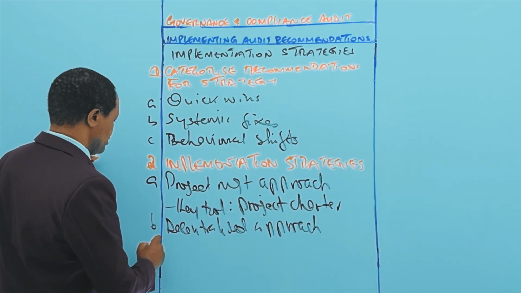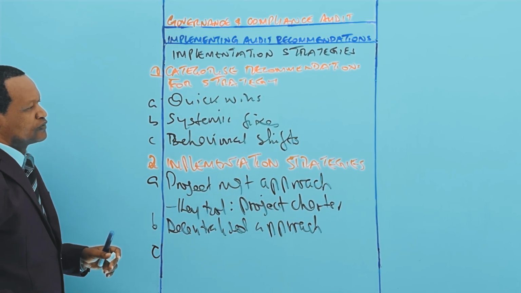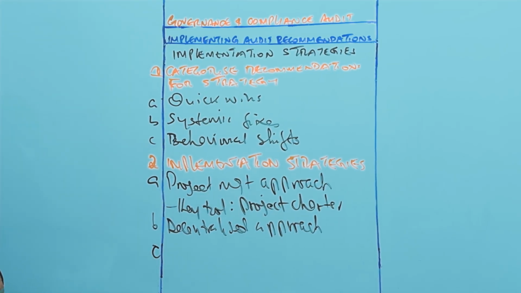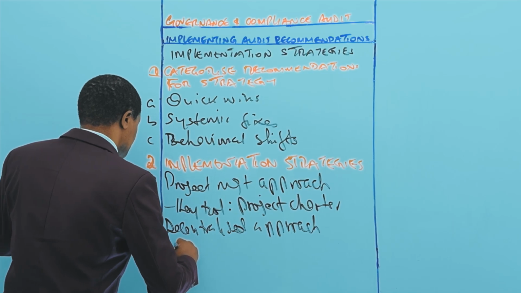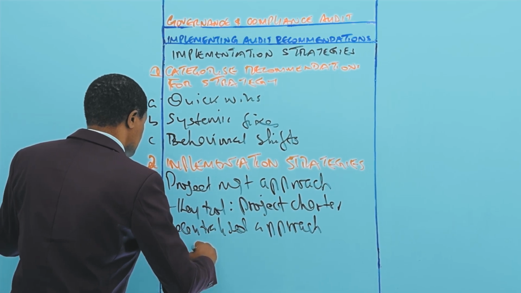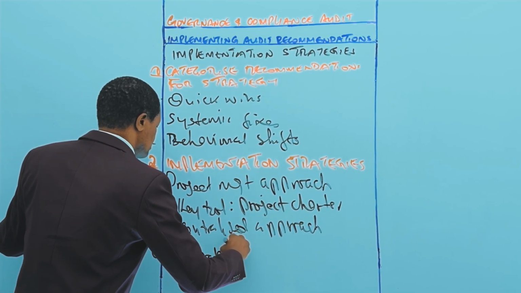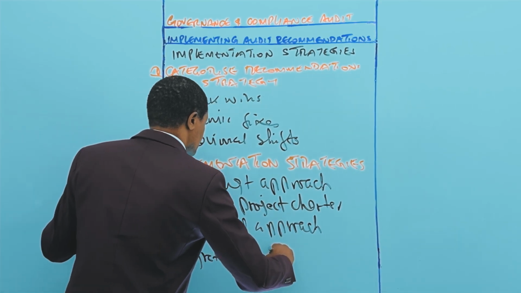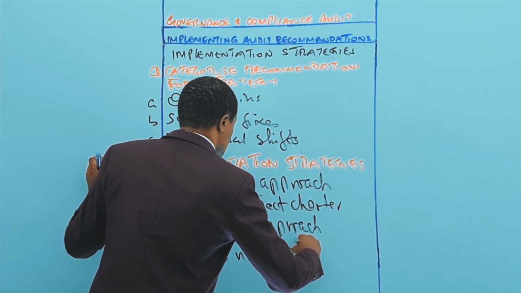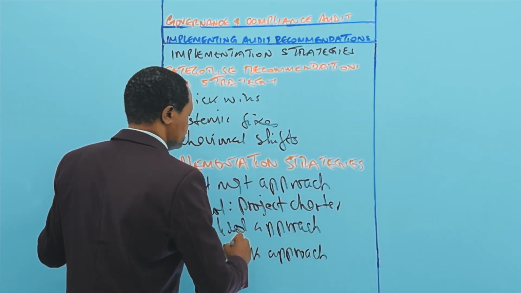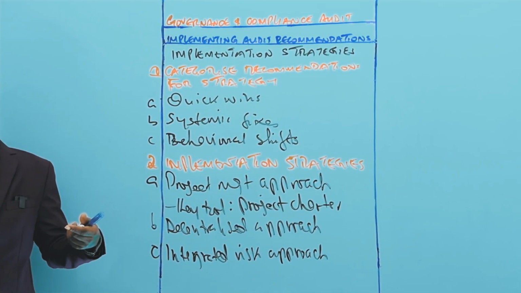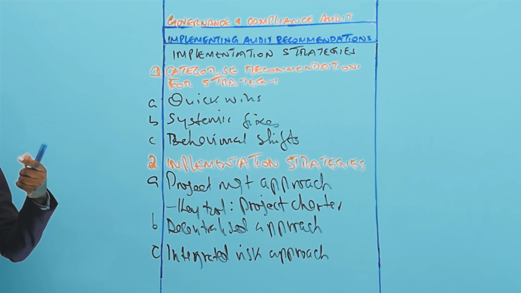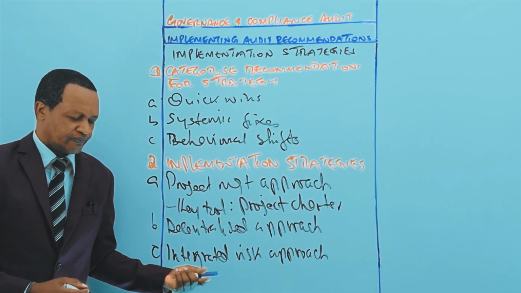Then the third strategy is to have what we call the integrated risk approach. This means embedding the recommendations into the existing strategic plan.